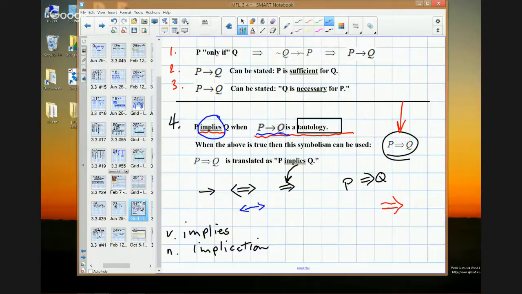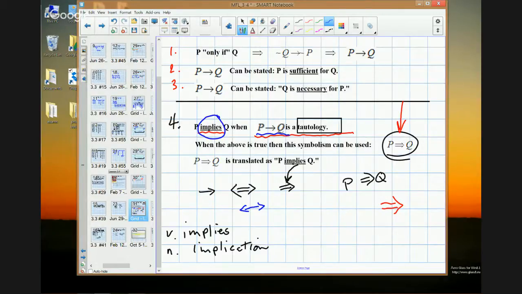Now, you guys remember what a tautology is? I've never heard that word before. Okay, well, now we have. A tautology is a truth table that comes out true all the way down. And by the way, not quite as important, but if you get F's all the way down, that's called a contradiction.